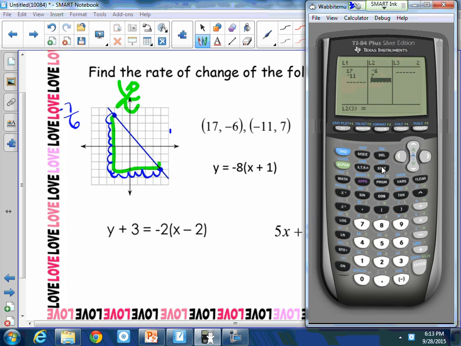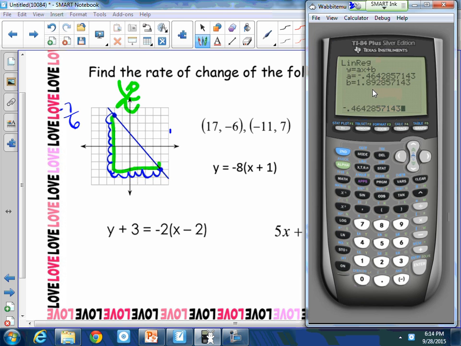Now I'm going back to stat, go to calc, 4, and then my slope, I'm going to go ahead and change that decimal. So negative 0.46, 4285 7143.